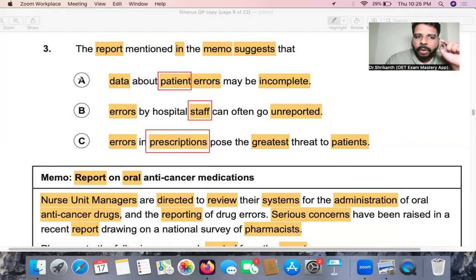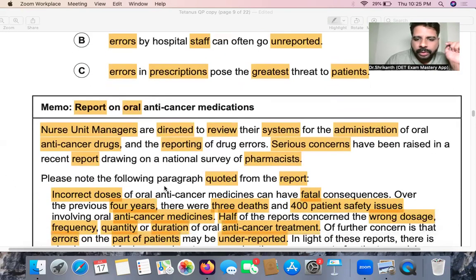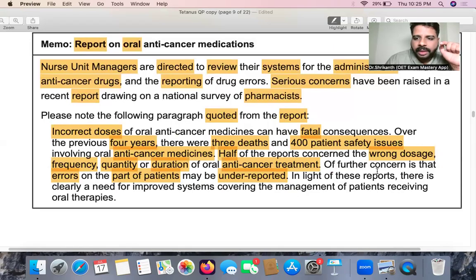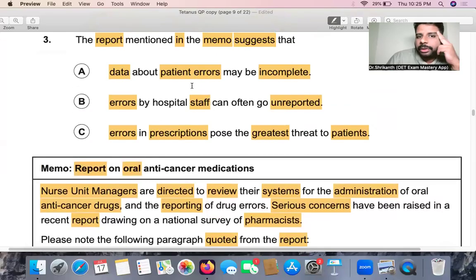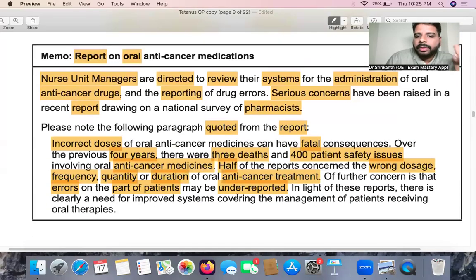Now here we are talking about answer option A, errors regarding patient errors. Here they have written, of further concern is that errors on the part of patients may be underreported. So part of patients may be underreported means you must come to answer option A. Patient errors may be underreported. Underreported means it is not fully reported.